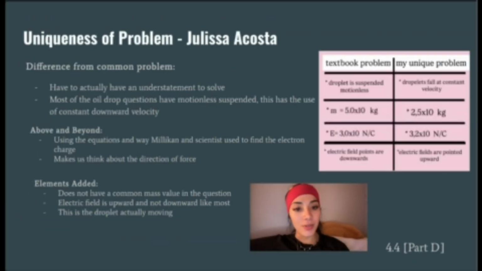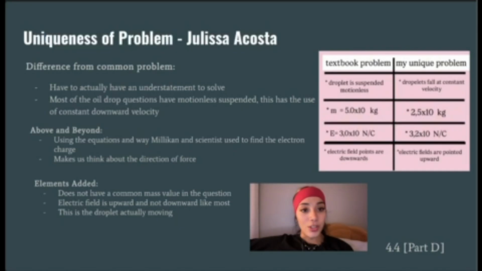Now on to the uniqueness of the problem. My problem is different from other common problems because you have to actually have an understanding to solve it, and most of the oil drop questions right now are motionless, suspended, while this problem uses a constant downward velocity. My problem goes above and beyond because it makes you think about the difference of forces.